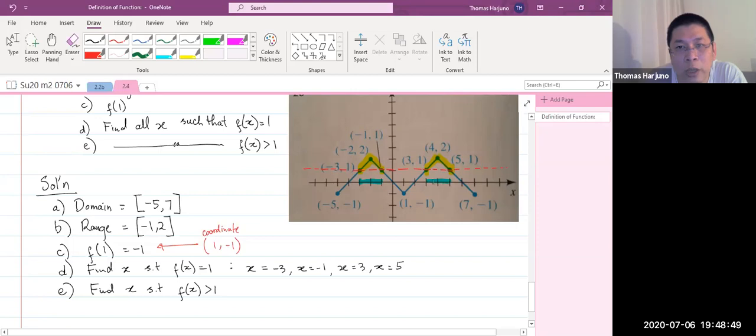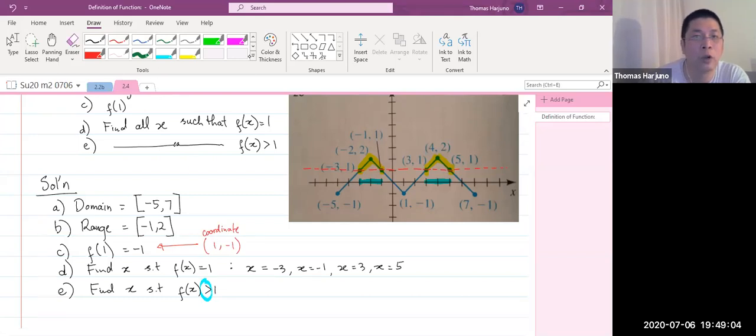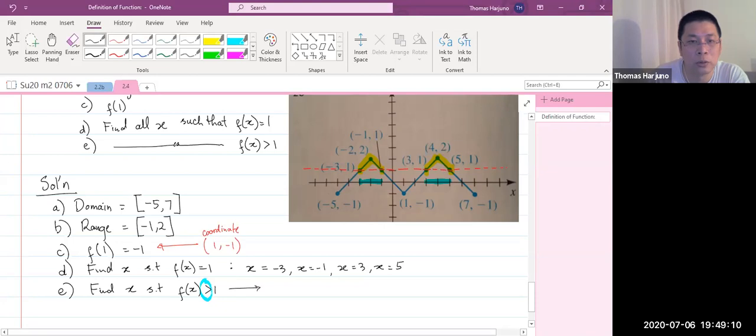Do we include the endpoints? We would include the endpoints if there were an equal sign here, but no, we don't include the endpoints because we don't include f(x) equals 1. So in interval notation, that will be from -3 to -1 union from 3 to 5.